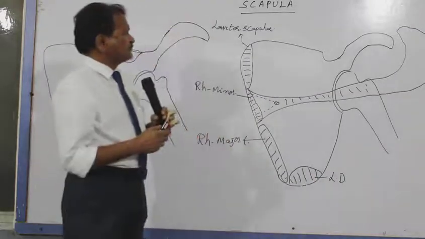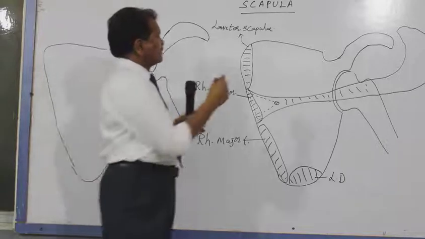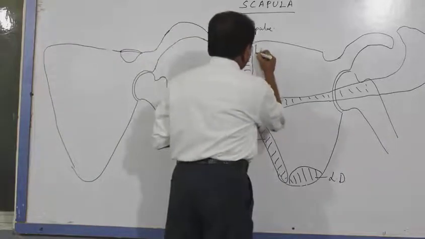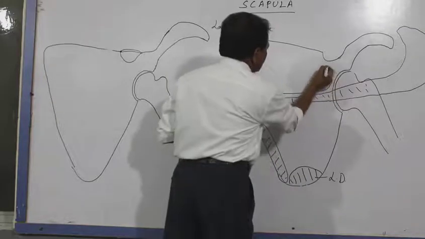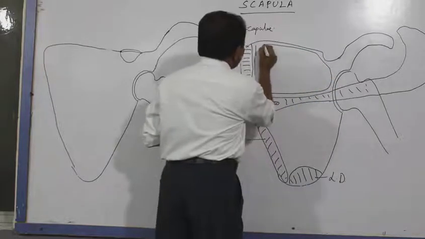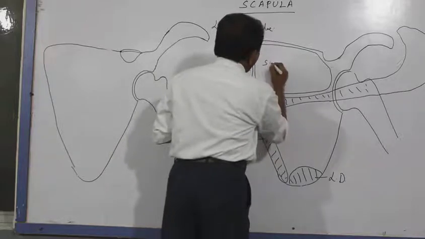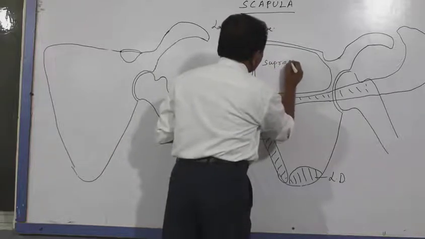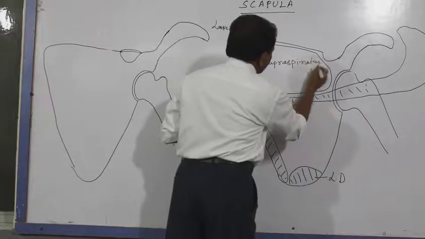Next, there is the supraspinous fossa, and this supraspinous fossa gives the origin for the supraspinatus muscle.